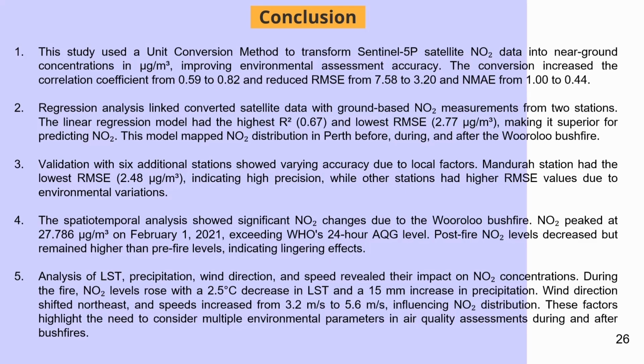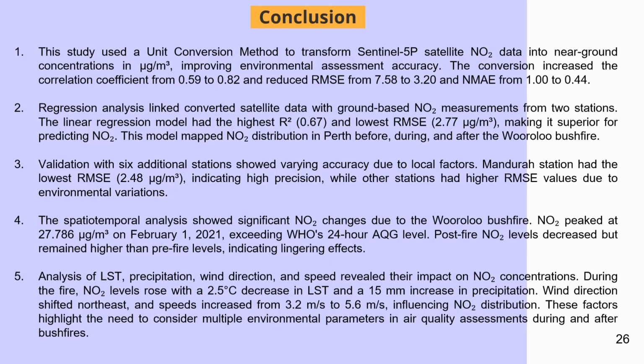Regression analysis was done between the converted and measured nitrogen dioxide for the two reference ground stations, and the linear regression showed the highest R square around 0.67 and lowest RMSE 2.77 microgram per cubic meter, making it superior for predicting nitrogen dioxide, and then it was applied to the whole area.